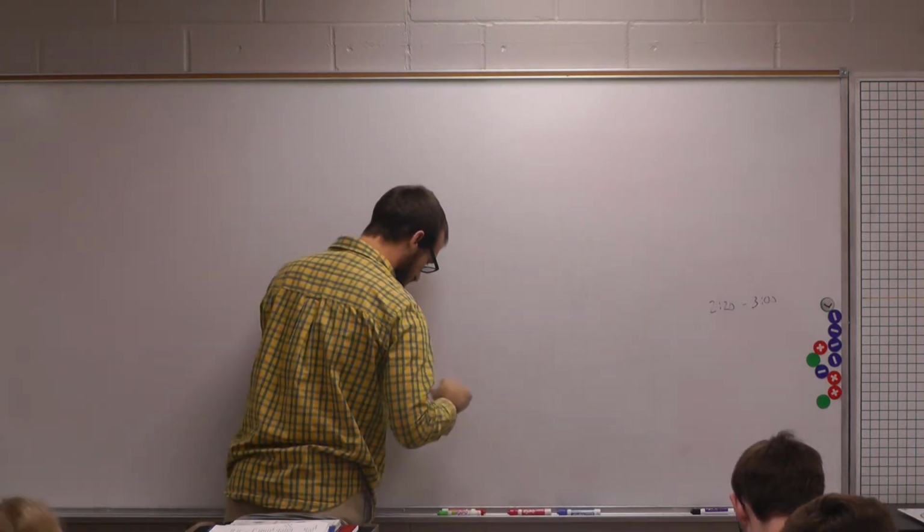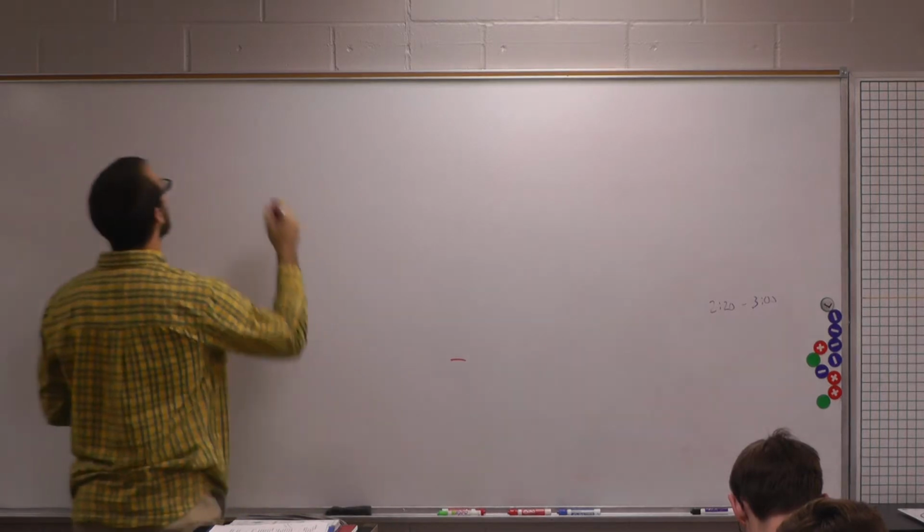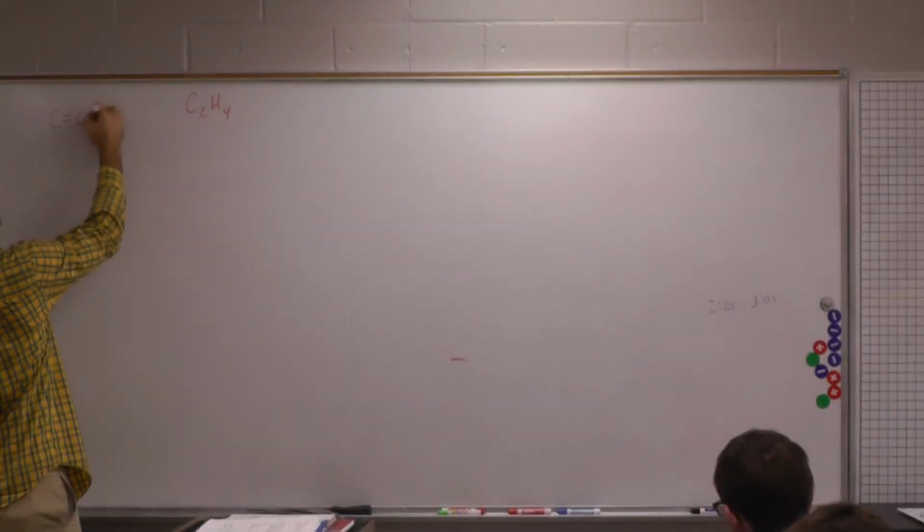I'm going to show you what this guy's going to do. C2H4. First of all, this is what it would look like from a Lewis structure standpoint. All right, how many regions does this have? Talking about the carbon central atoms.